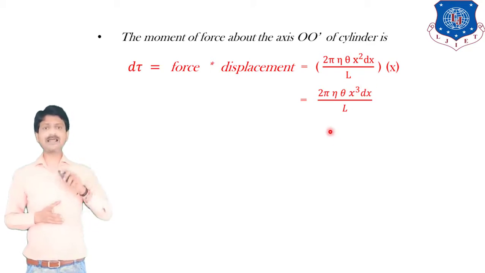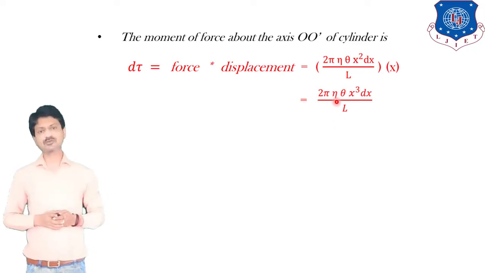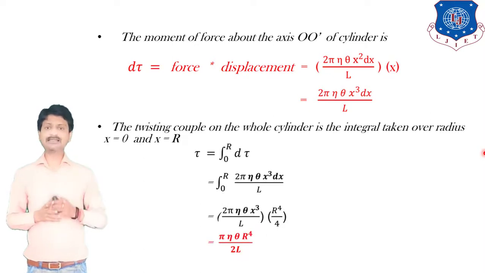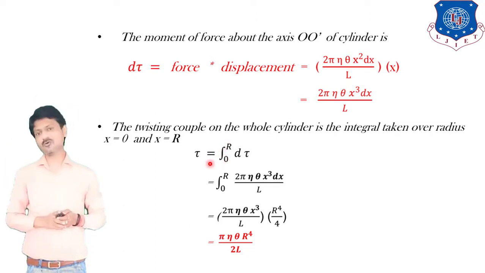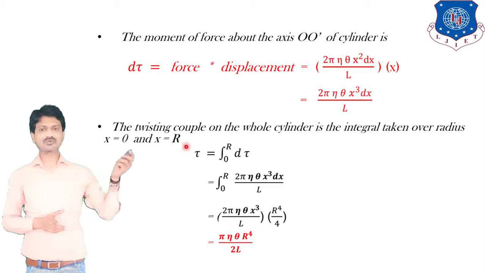So by multiplying x square into x, we have the final equation: d tau equals 2 pi eta theta x cube dx upon L. So now we want to find the twisting couple. Here we can take the integration of the above equation for d tau and find the twisting couple on the whole cylinder. Here the integral is taken over the two limits, that is x equals 0 and x equals R.